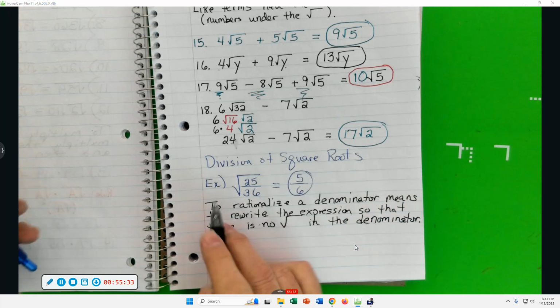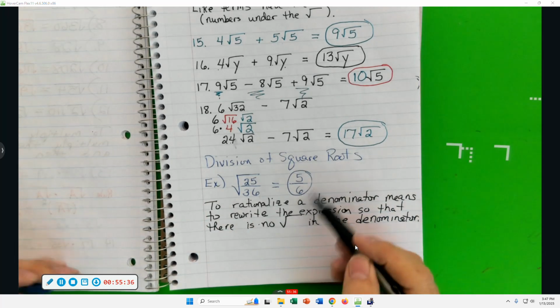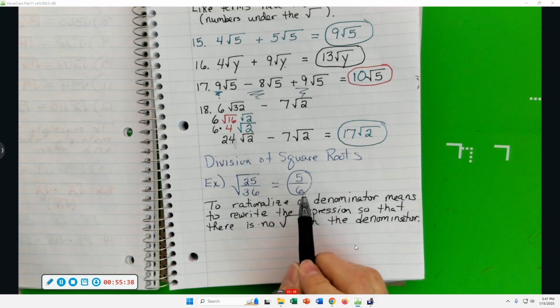Like on this example I made up, our final answer shouldn't have a square root in the bottom, and it doesn't. It's just a 6.